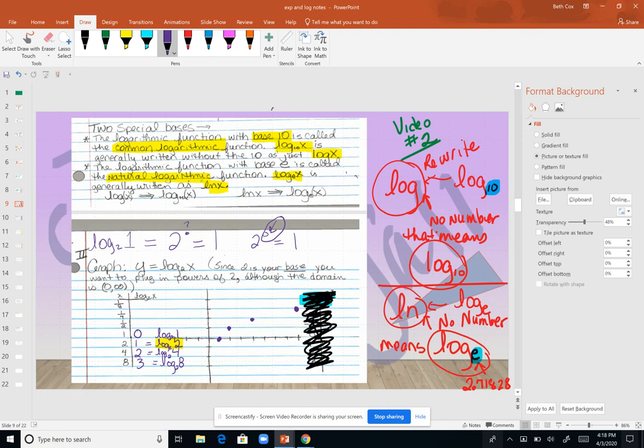Right now, this is where it gets tricky. What exponent turns 2 into 1/2? Okay, so now let's go back over here and look at this. What exponent turns 2 into 1/2?